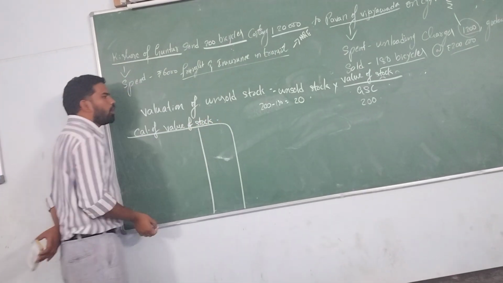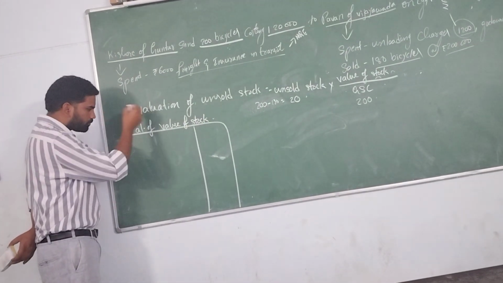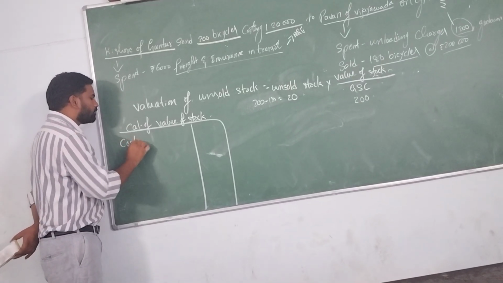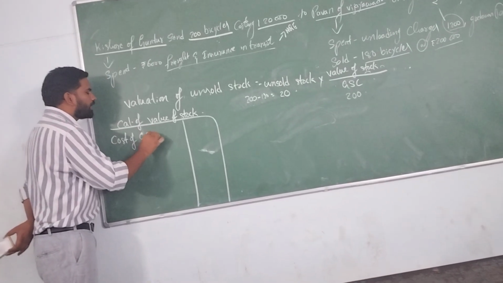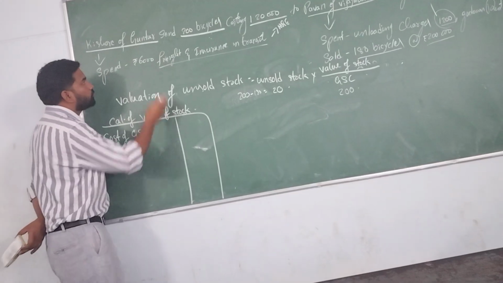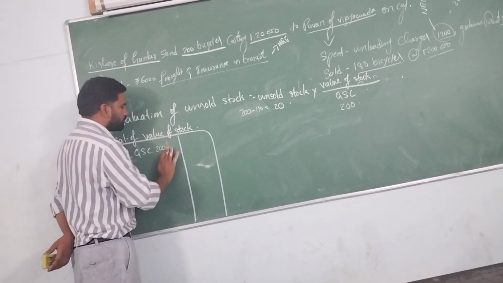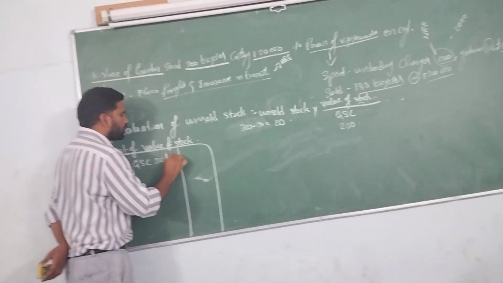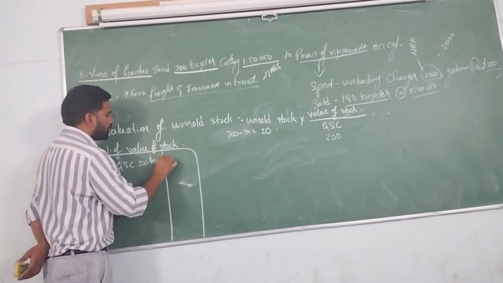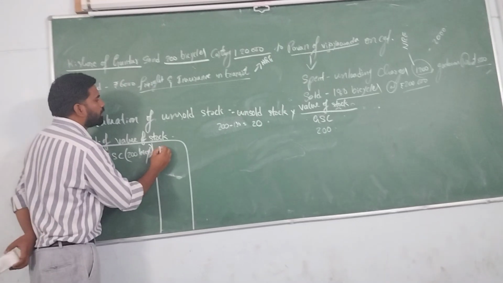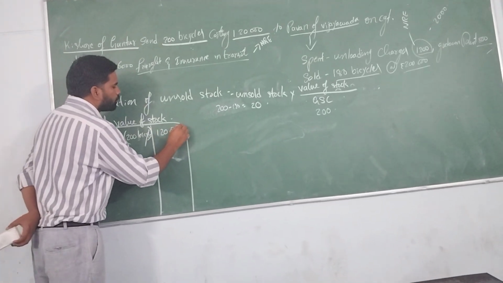Calculation of value of stock. Cost of goods sent on consignment equals 200 bicycles worth 1,20,000 rupees.